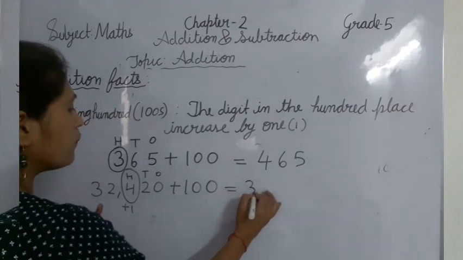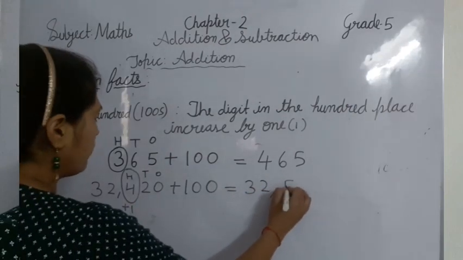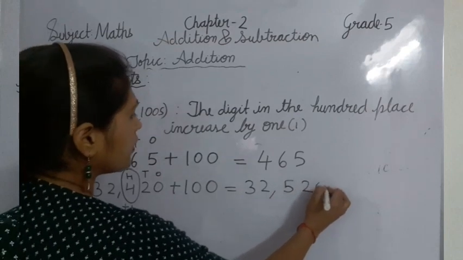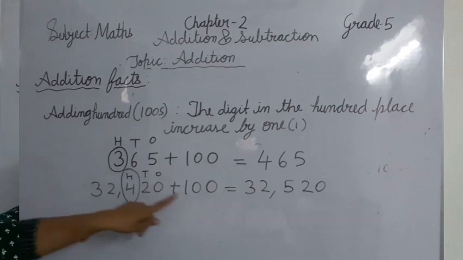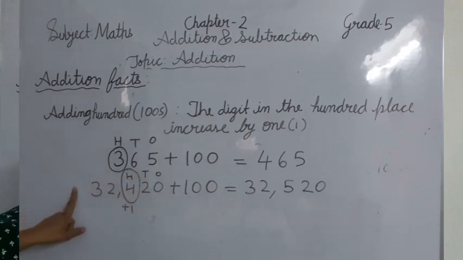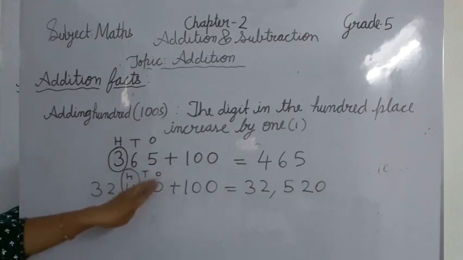So 32,000. Now in place of 4 we'll write 5, 520. Clear? So when we add 100 to any number, we have to increase the 100 place by 1. So this is what happens when we add hundreds to any number.